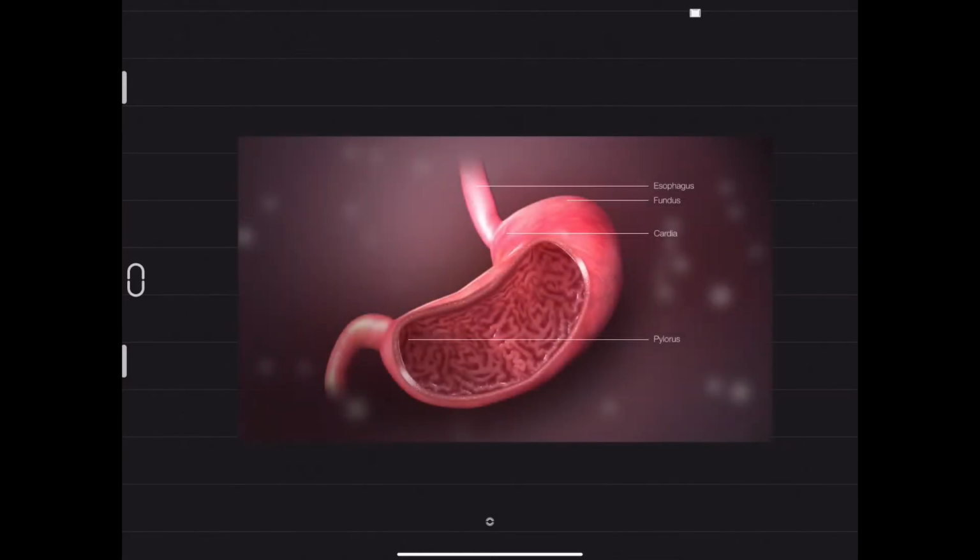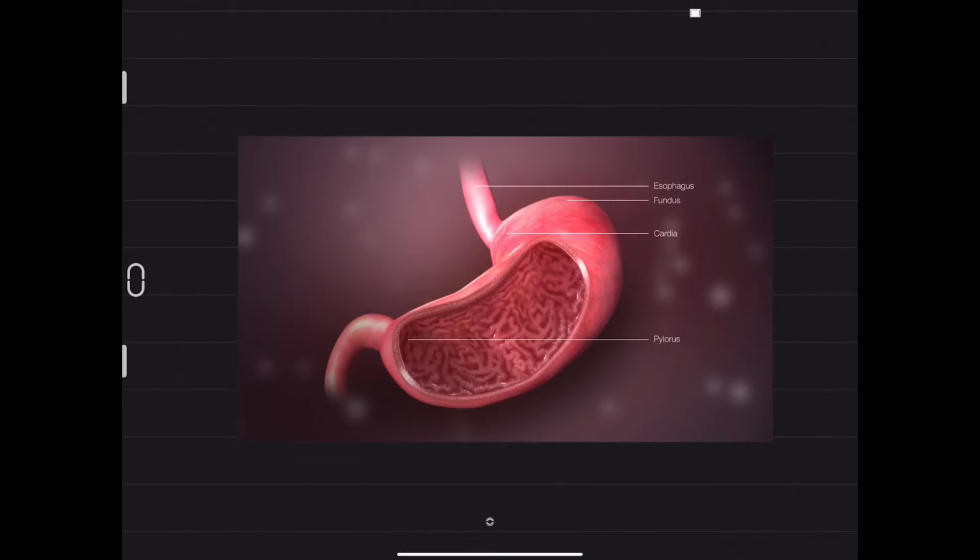Here we can see a diagram or a picture of the stomach. Now, when we consider the stomach, we should appreciate that churning occurs where the food is broken down by mixing it around. That's a type of mechanical breakdown of the food.